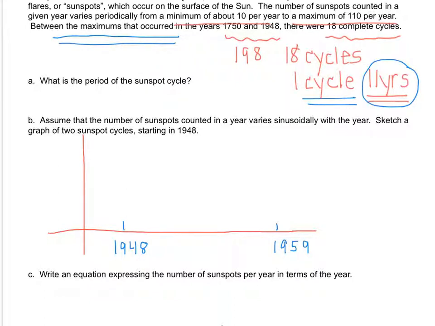So my maximums were 110. So I'm going to put that up here. My minimums were 10. And again, I got that from my underlined data in red. So I can put a dot here and a dot here. Those are my maximums.